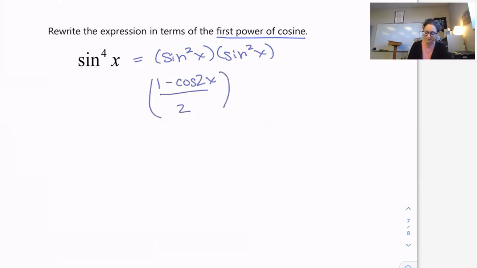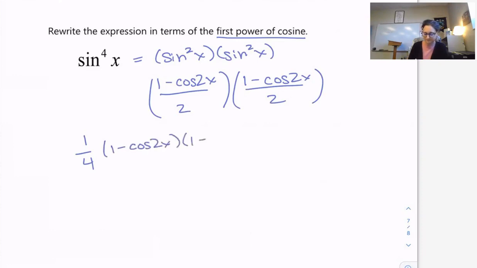And I've got that twice. Okay, just to make this easier on the eyes, I can see that the denominator 2 times 2, I've got a denominator of 4, which is the same as multiplying by 1/4 on the outside. So I'm going to bring those denominators out, again, to make it a little easier to see the rest. So the rest is 1 minus cosine of 2x.